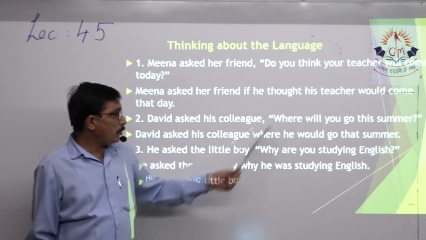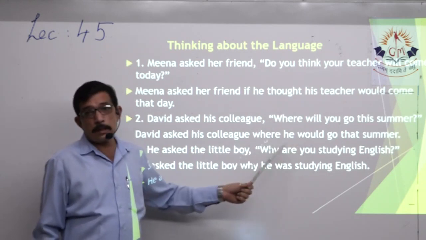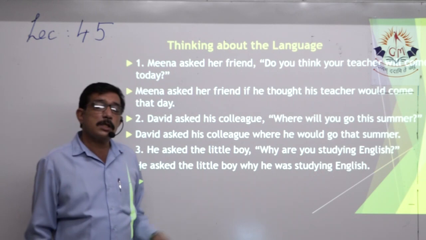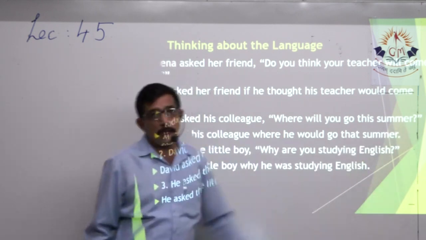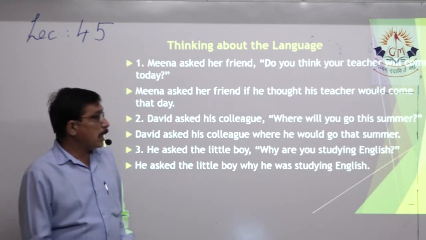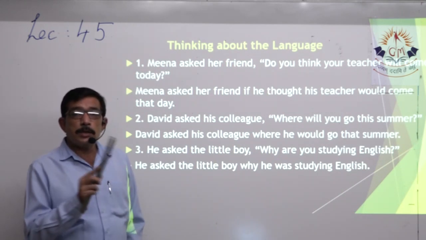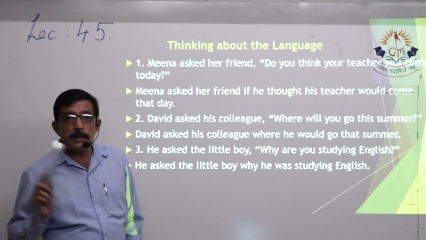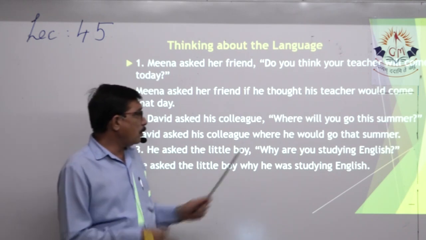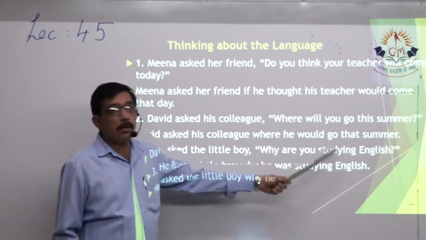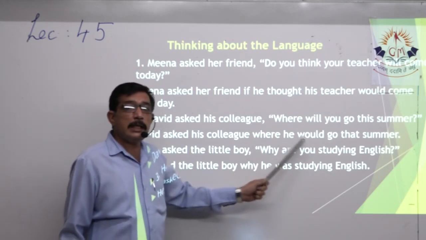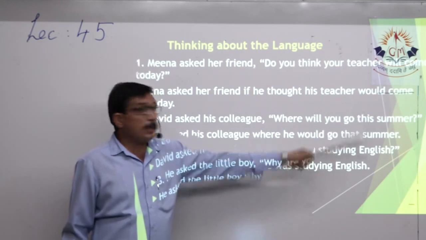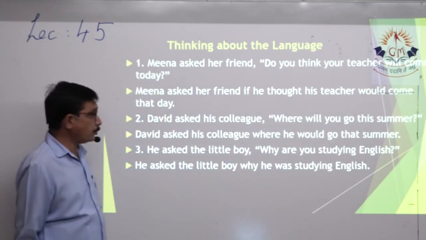Now we change the subject's place. If we don't change the subject's place, again we will have a question at the end which we cannot do. So we have to change it into a simple sentence, because if I put where would he go, then it would be a question. So I will say where he would go, and this summer will become that summer.